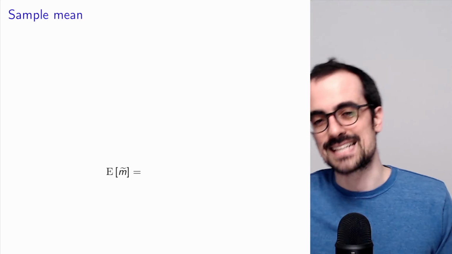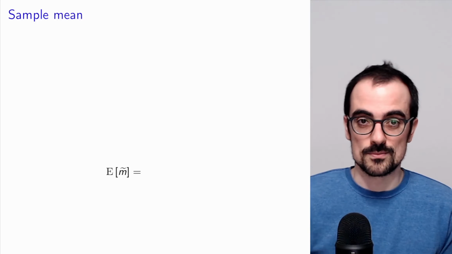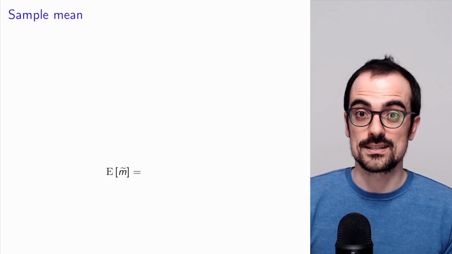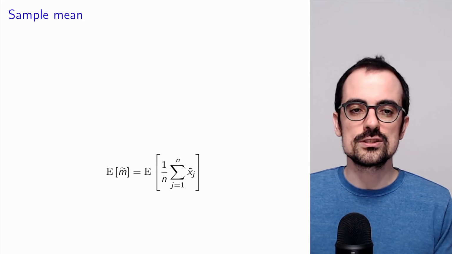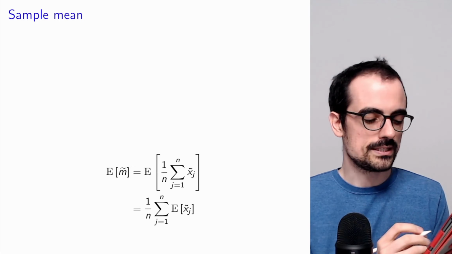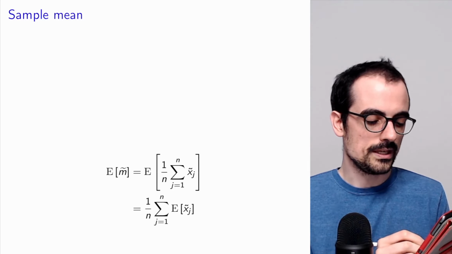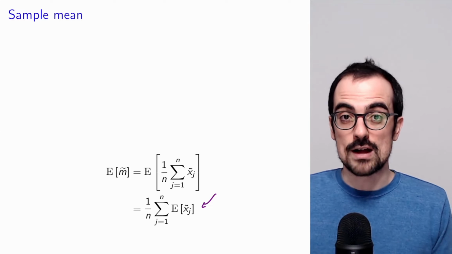Okay, so we're at a point where we can compute the mean of the sample mean. The sample mean is random. When we're computing it from these measurements, we can see where its distribution is centered. So we plug in the definition. As usual, we apply linearity of expectation, and we see that it's just going to be equal to the average of the means of the individual random data points.